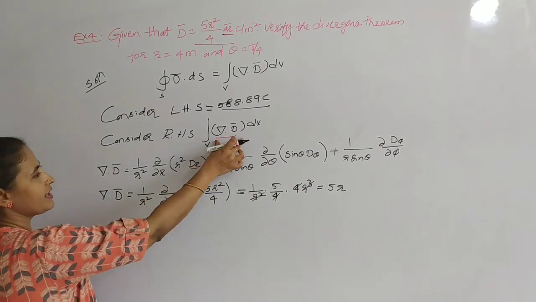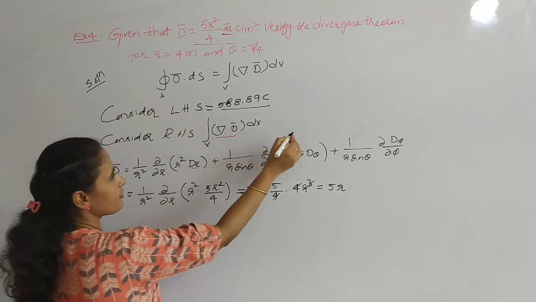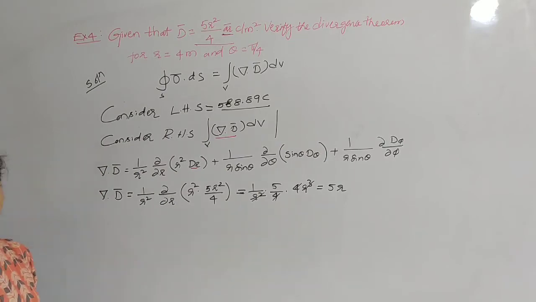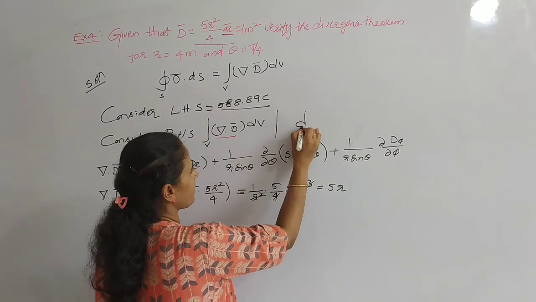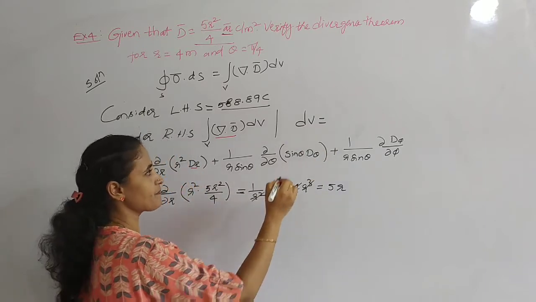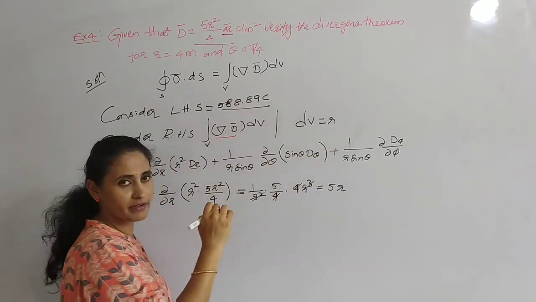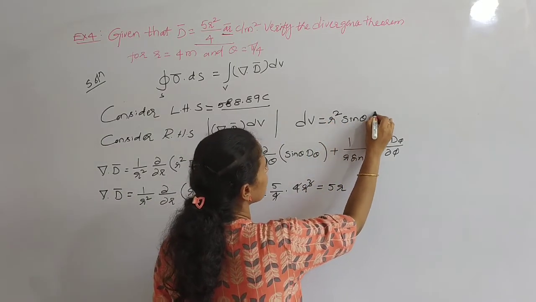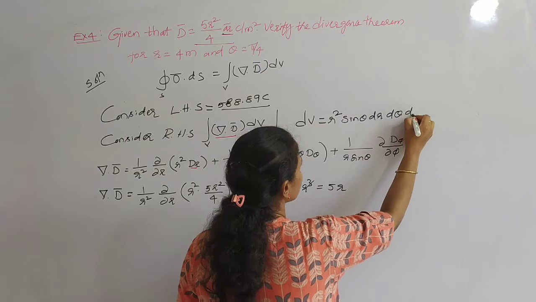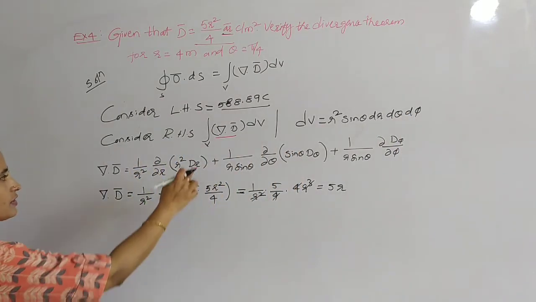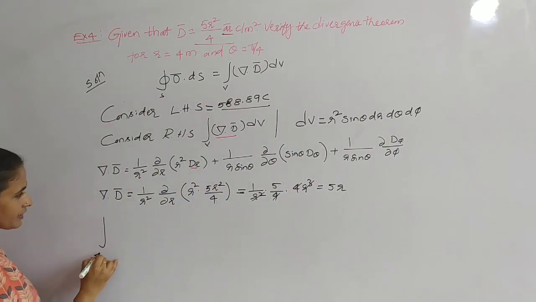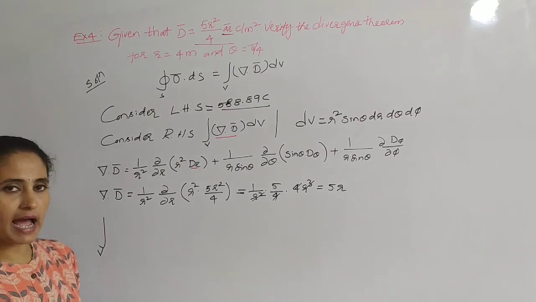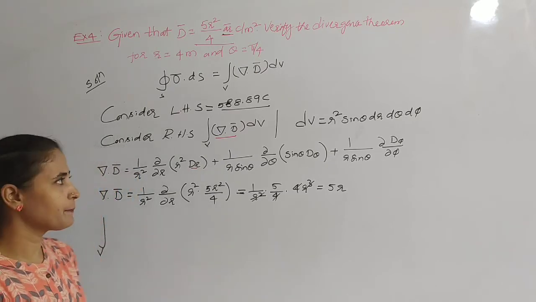Now, while evaluating this, we are supposed to have the value of dv. What is dv? Differential volume in the spherical coordinate system. I just revised all these formulas in lecture number 14. This is r square sin theta dr d theta d phi. Okay, so let us apply the integration. Volume integral means there are three integrals: one for r, the second for theta, and the third for phi.